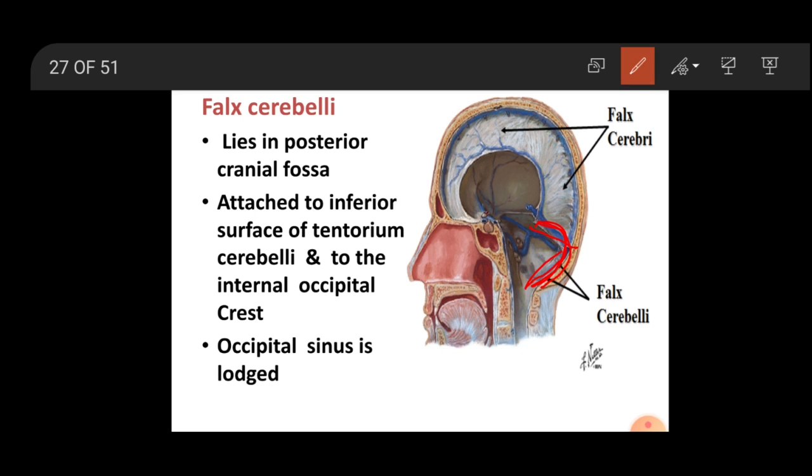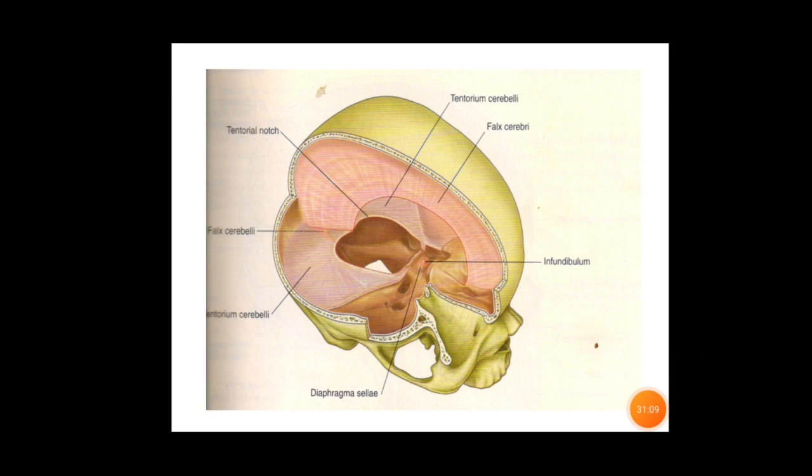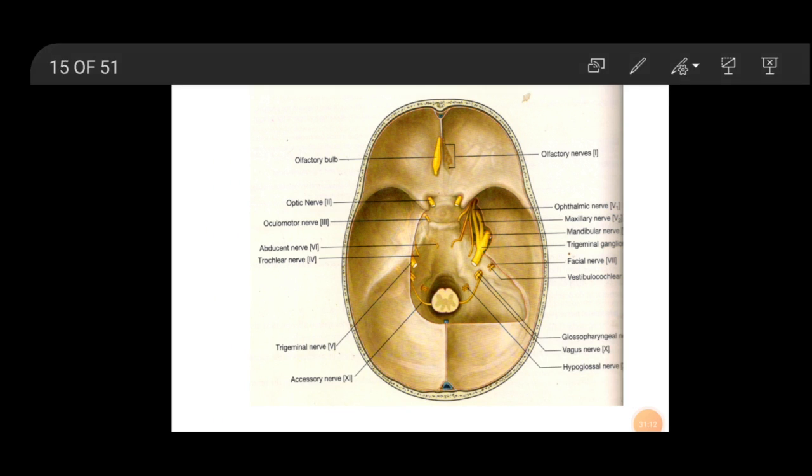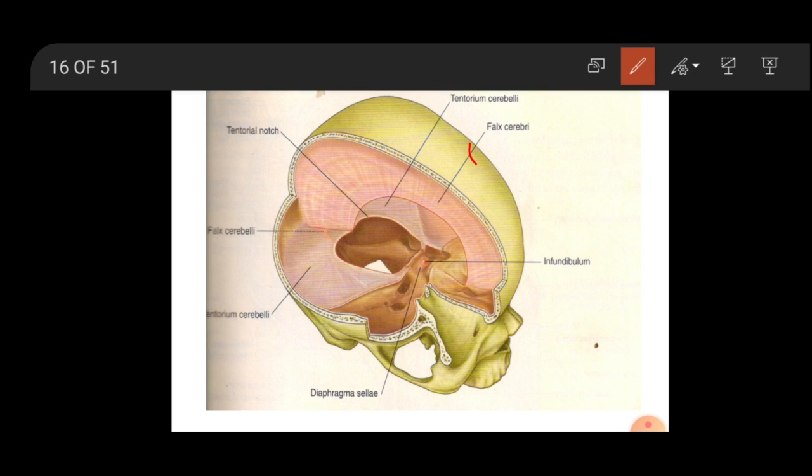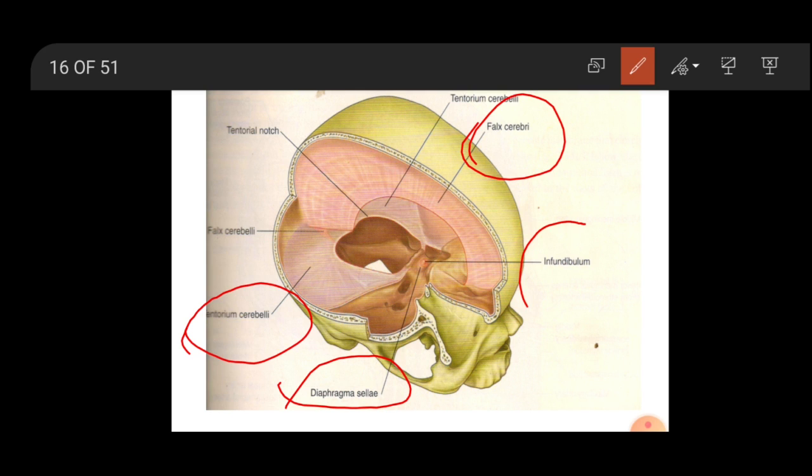So that's about the dural folds. You have 4 dural folds: the sickle shaped falx cerebri, a circular dural fold, the diaphragma sellae, the tent shaped tentorium cerebelli, and again a sickle shaped falx cerebelli.